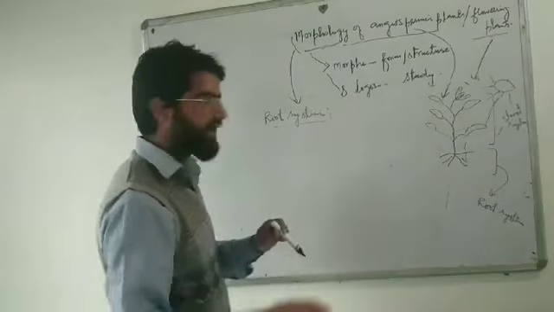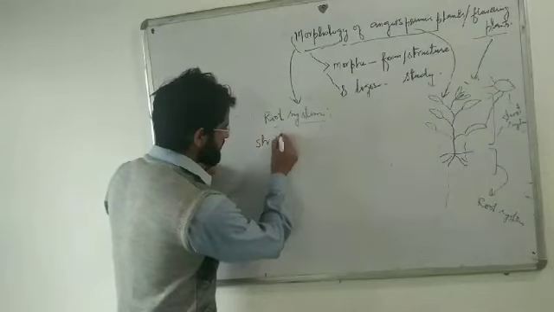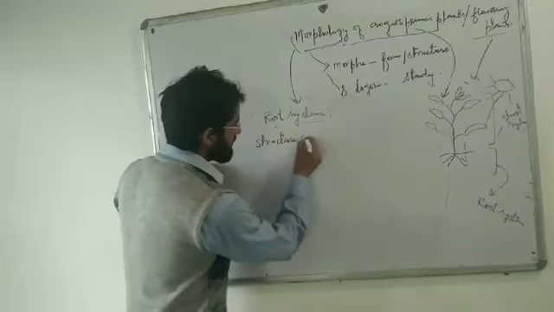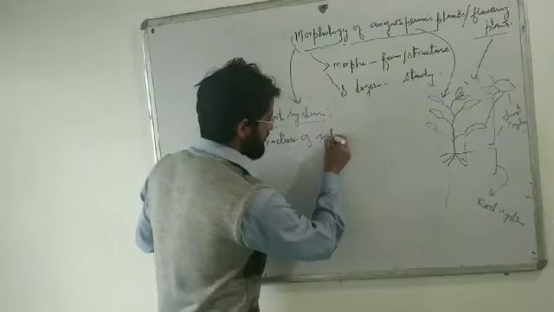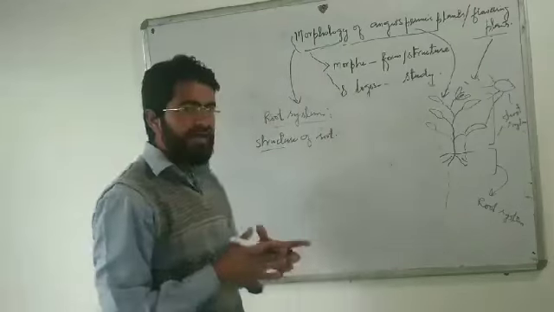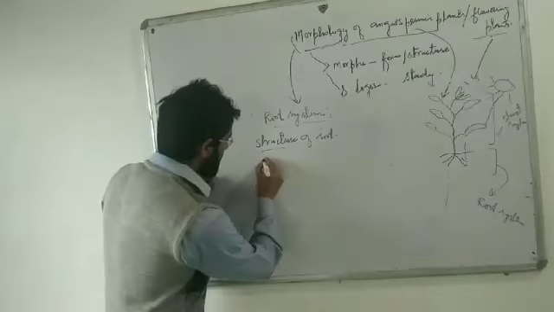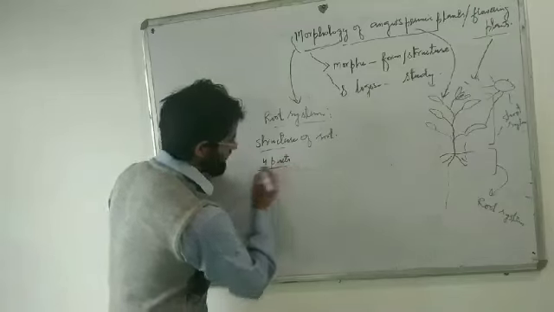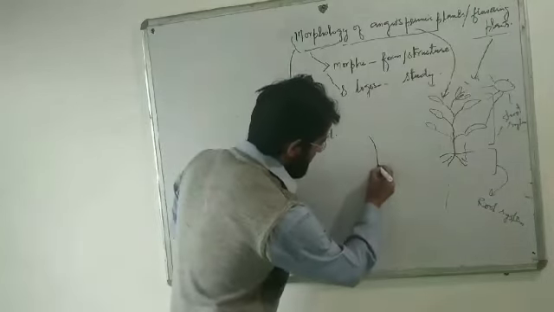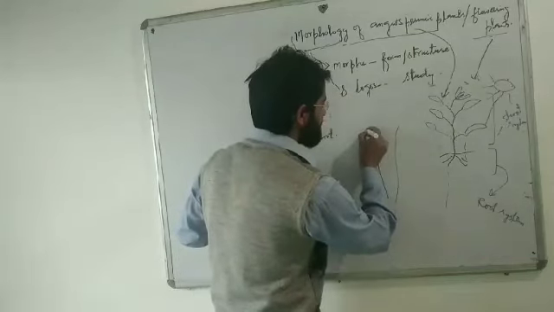Now, structure of root. Root consists of primarily four parts. We can draw a representative of root here.